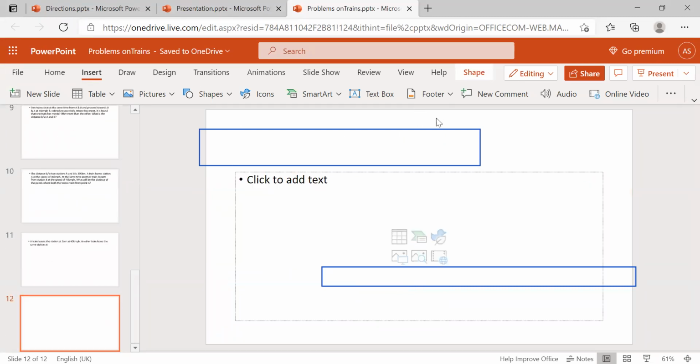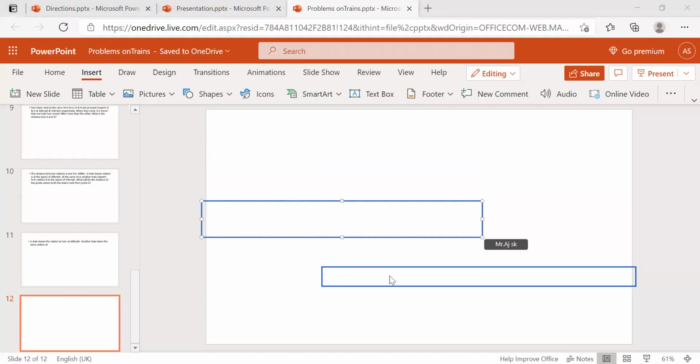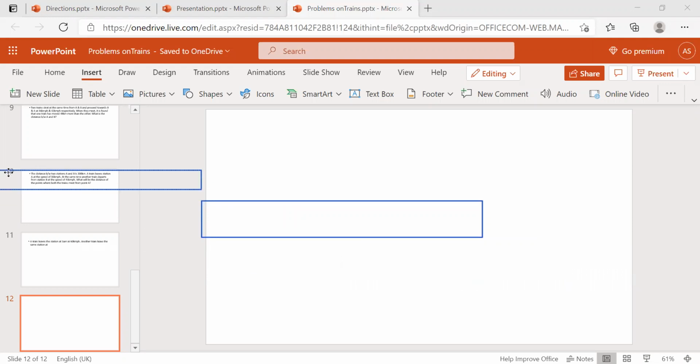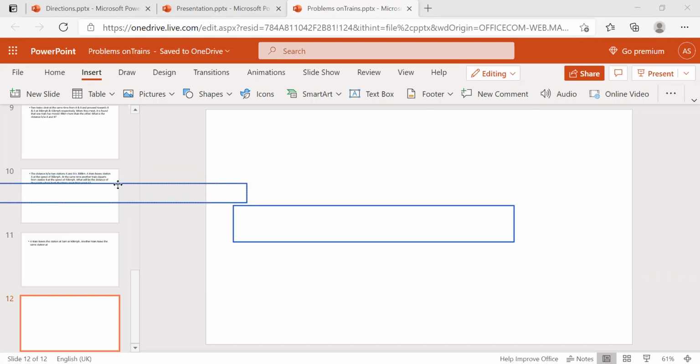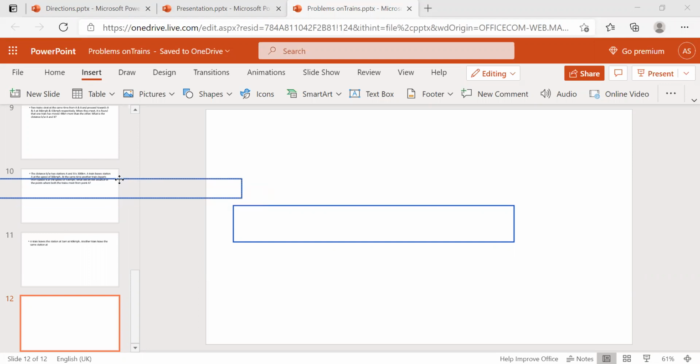Now here, think this is a platform, and this train is moving from here. Now the train is crossing this platform, or maybe it's a bridge.